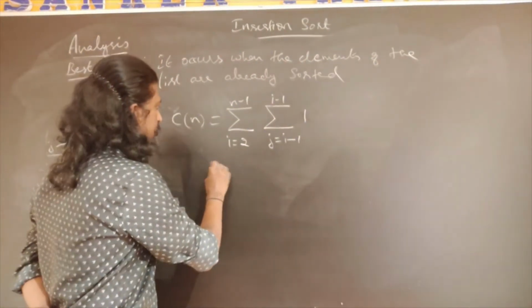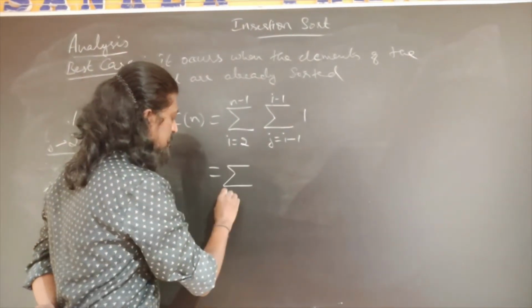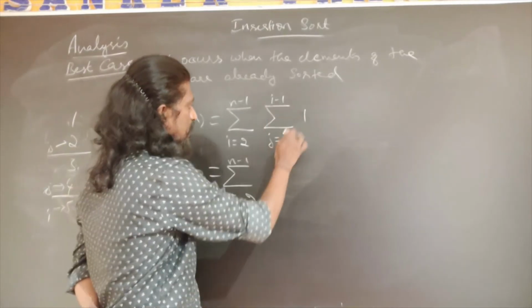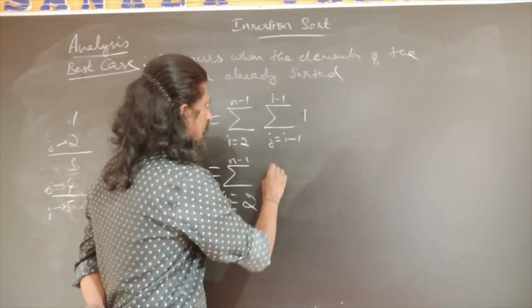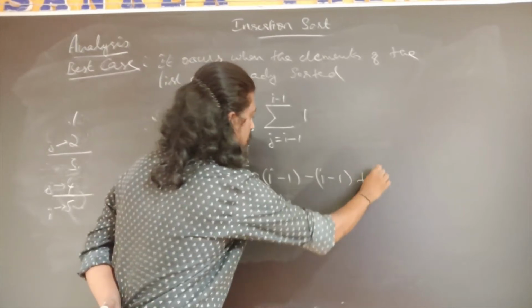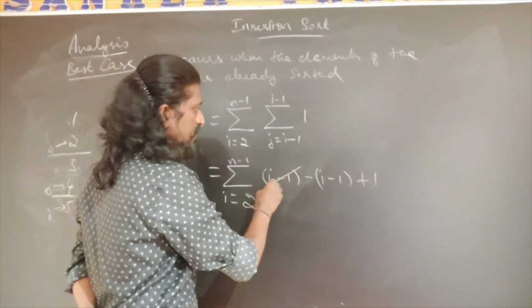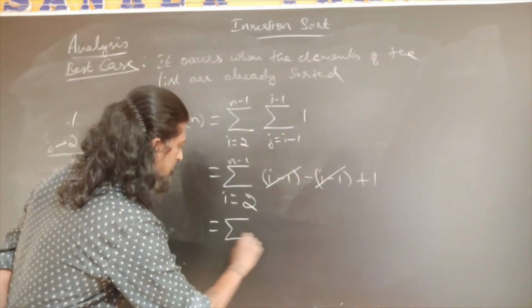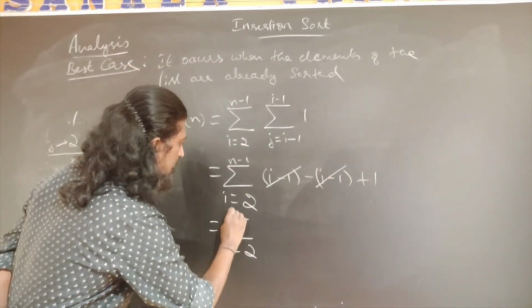When we solve this, the outer summation will be as it is, i equal to 2 to n minus 1. Inner: upper bound minus lower bound plus 1, that is i minus 1 minus (i minus 1) plus 1. You can see this i minus 1 and this minus (i minus 1) get cancelled, and this will be just the summation i equal to 2 to n minus 1 of 1.